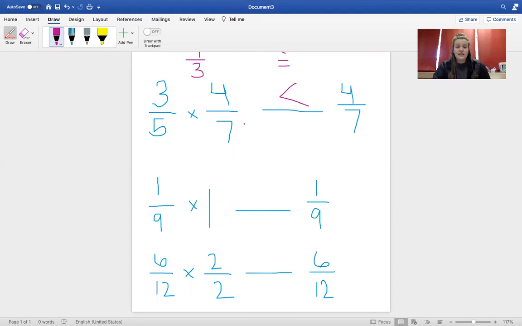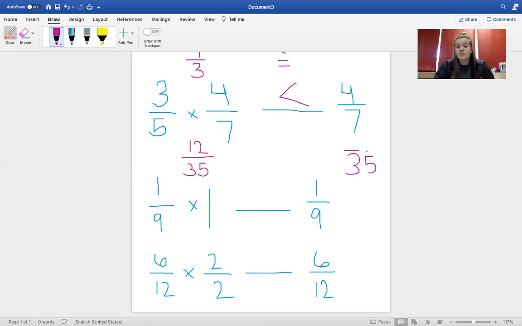And you can actually solve it to see. 3 times 4 would give you 12. 5 times 7 would give you 35. And then I'm actually going to change this side to have a common denominator so that I can compare. I know that 7 does go into 35, so 35 will be my common denominator.